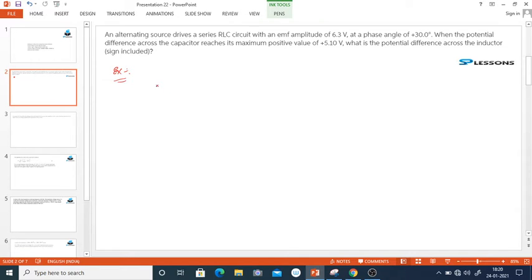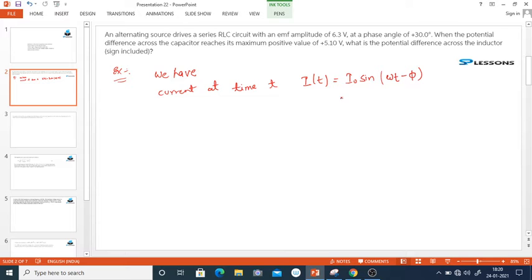So first of all we have the current at time t. Okay, so the current I is a function of t. It means it is dependent on t, which is equals to I naught sine omega t minus phi.